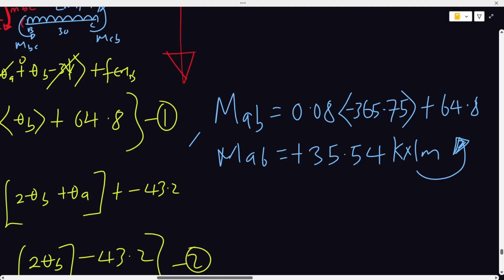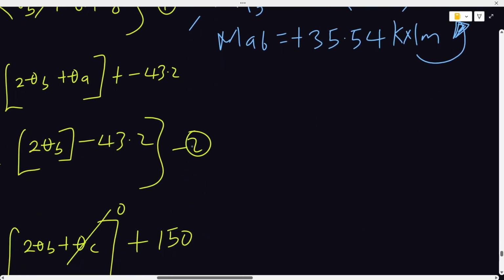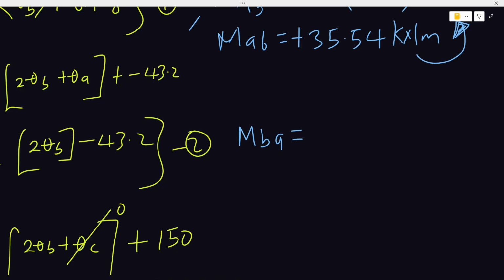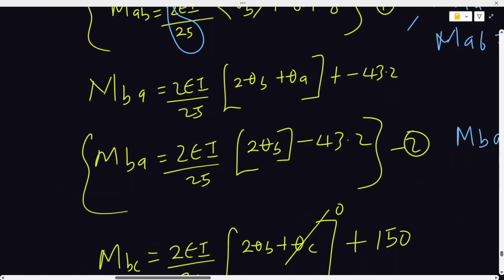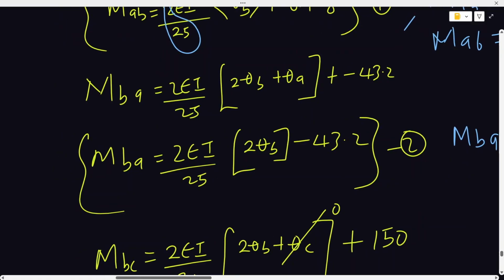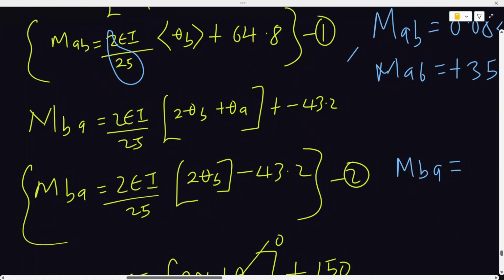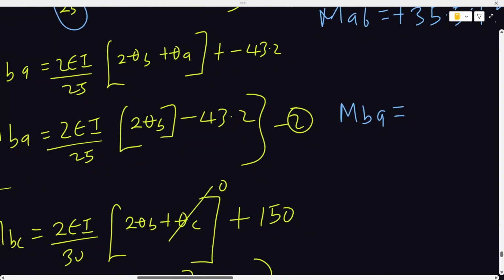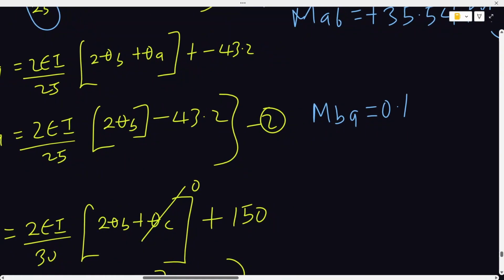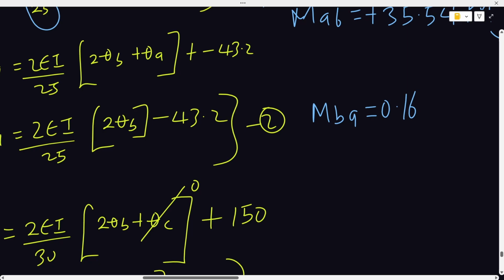Now MBA, let's go to MBA. Looking at this, 2 over 25 times 2 will give us 0.16 theta B EI.